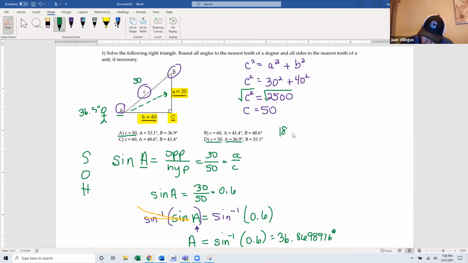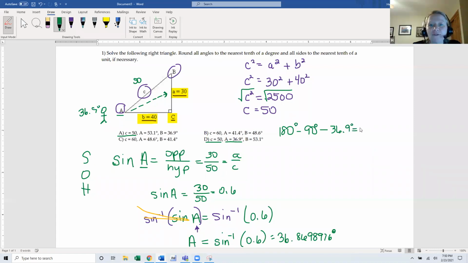Or you can start with 90 like Jessica said. I'm just going from 180 so I don't lose anybody. 180 minus the 90 minus our 36.9 that we just found equals 53.1. So that's the fastest way to find that third angle. All right, so then we indeed know that we're looking at D right here.